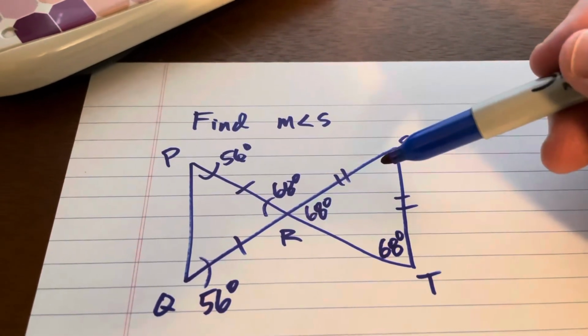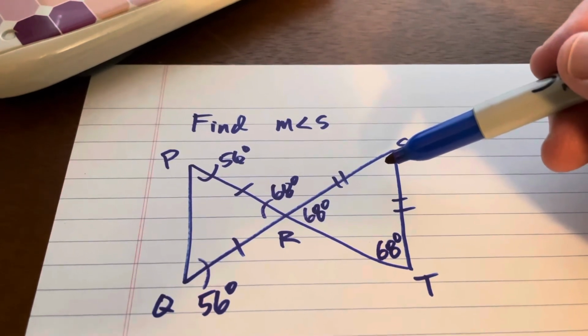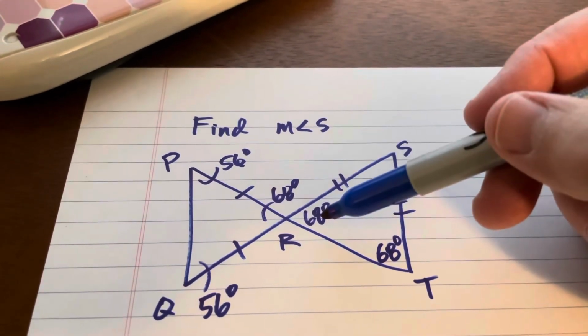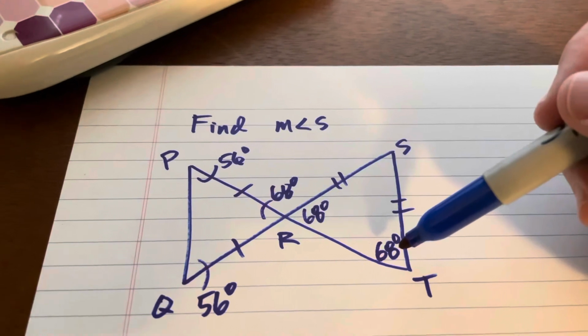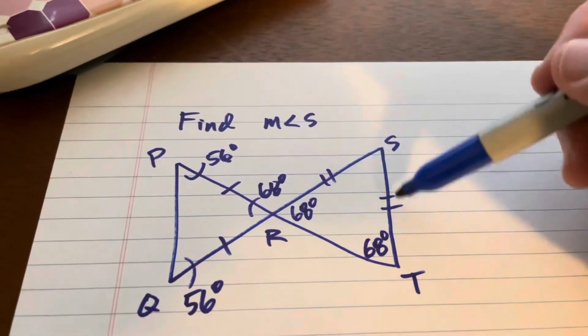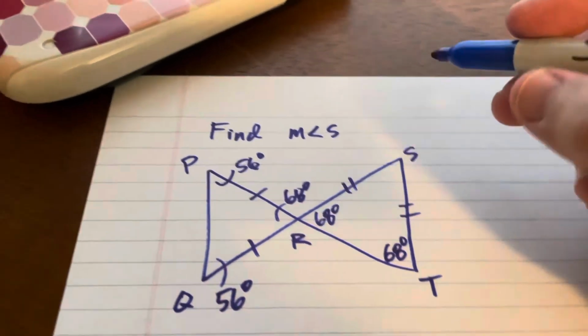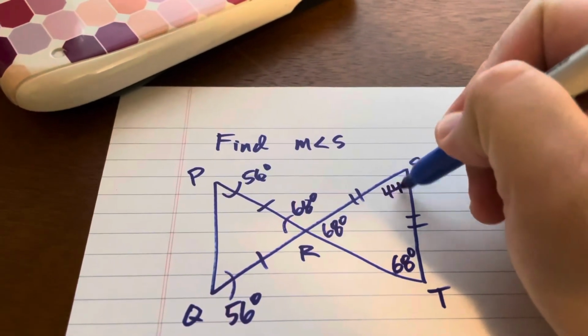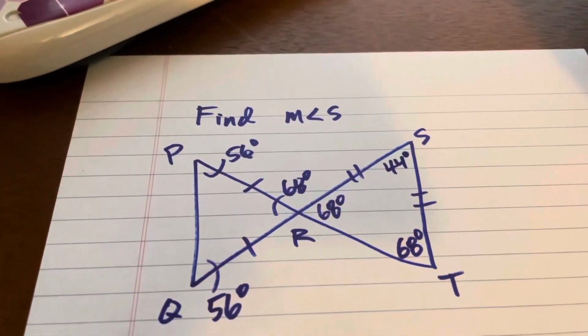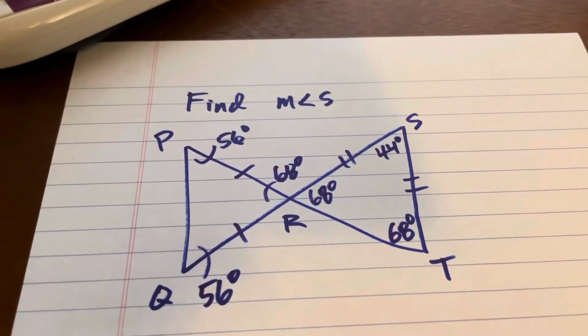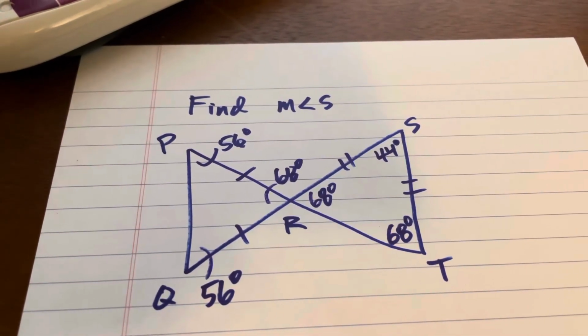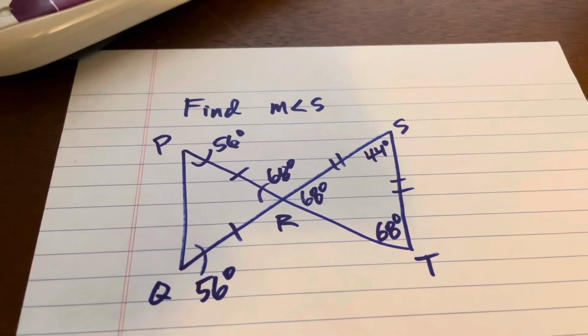And so now once again, this angle can be found by simply saying 180 minus 68 minus another 68, because these have to sum to be 180. And so that means this angle S has to be 44 degrees.